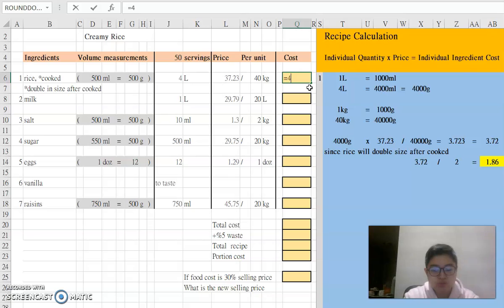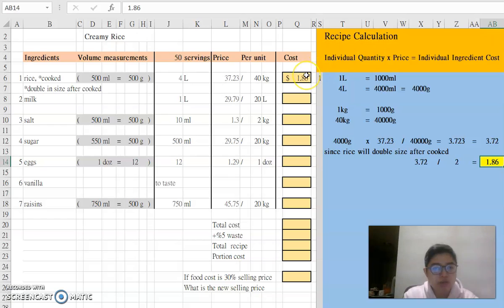It is equal to 4000 times 37.23 divided by 40,000, which is this equation here, and then divided by 2, and this is my equation here. After I press the enter, the cost is 1.86, which is the same as the handwriting calculation.